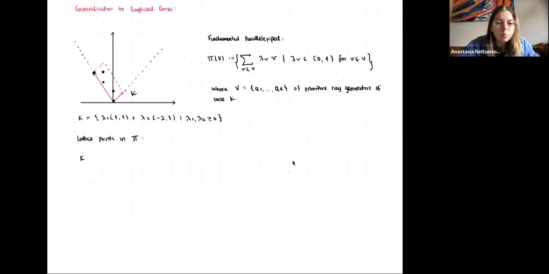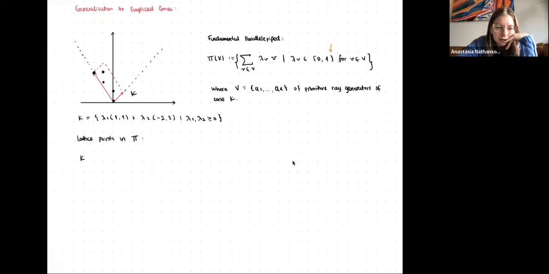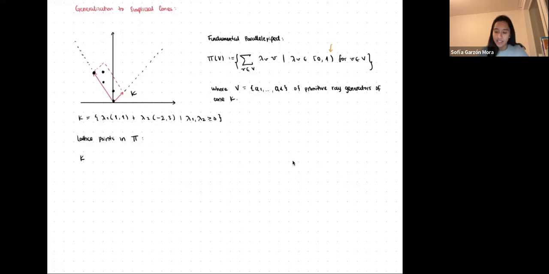Sorry, would (1, 1) not also be a lattice point? That's a great question. But it's not, because I'm requiring that this is strictly less than 1. Yes, and that's why I do this, because otherwise I would double count a lot of points on the boundary.